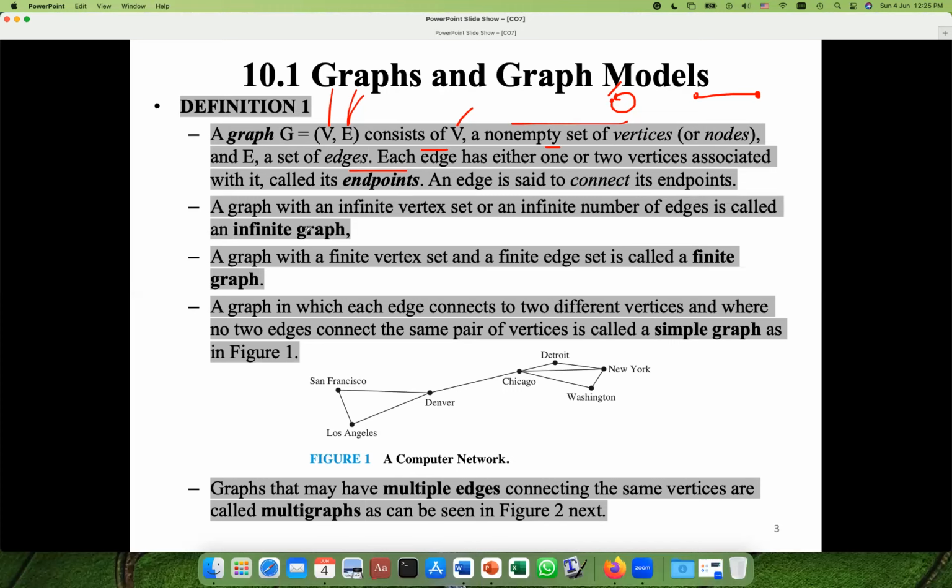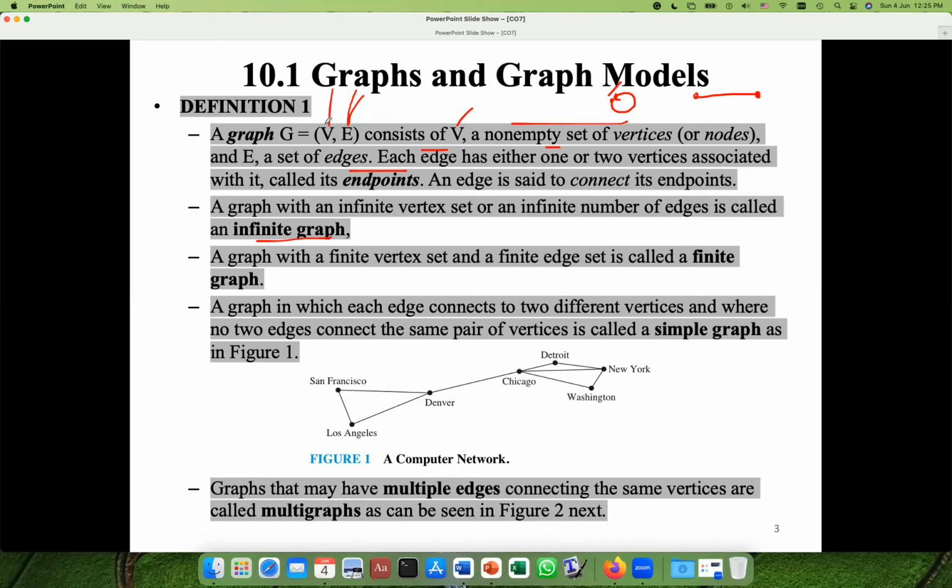And now we will see what is an infinite graph. A graph that will have an infinite set of vertices, or a graph that will have an infinite set of edges, can be called an infinite graph.